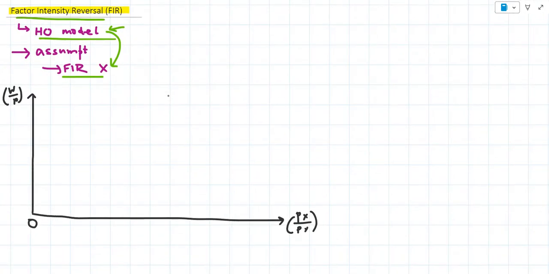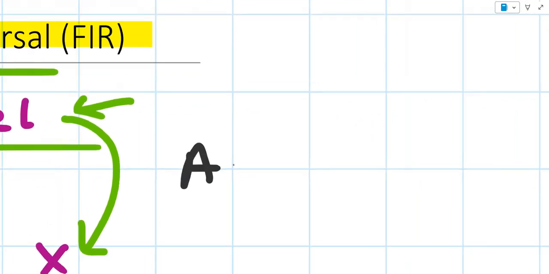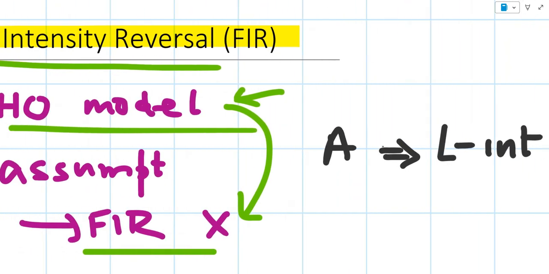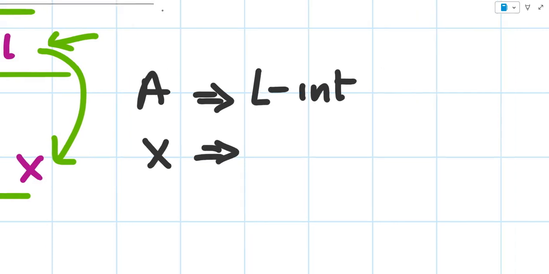Let me begin with a country A, which I assume first to be labor abundant.